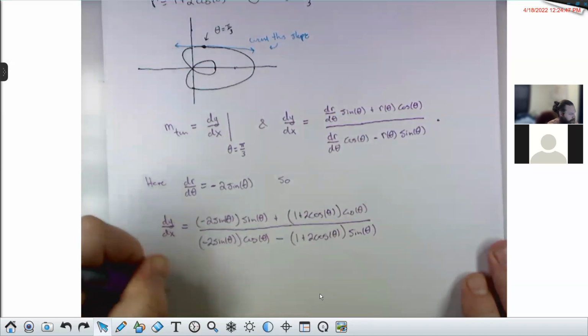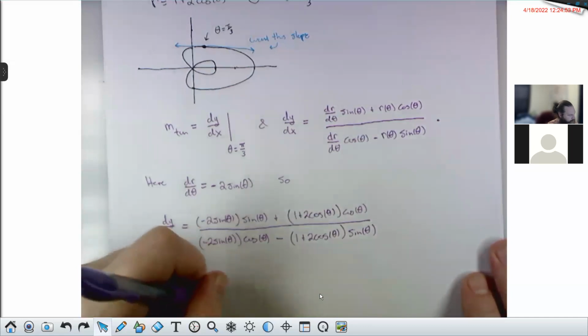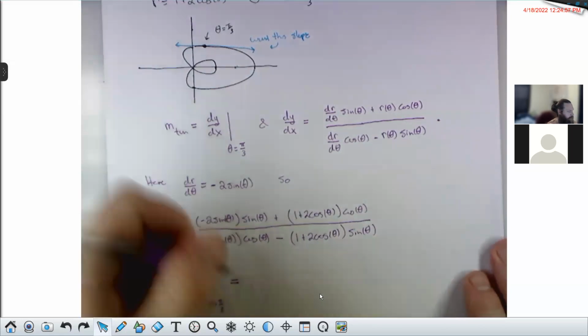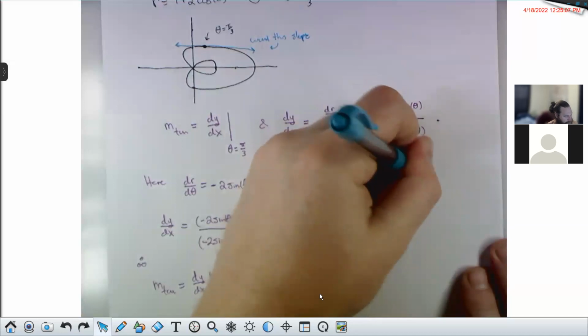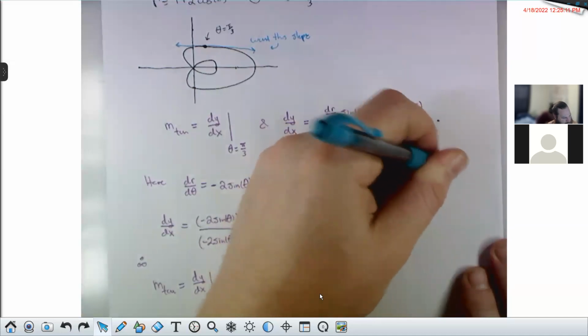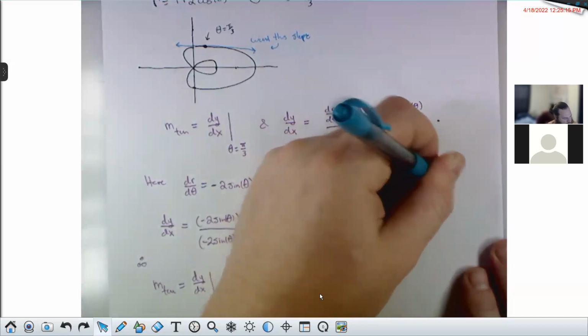So the slope of the tangent line is dy dx evaluated at theta equals pi over 3. So what is this? Well, the sine of pi over 3 is the square root of 3 over 2. The cos of pi over 3 is 1/2.